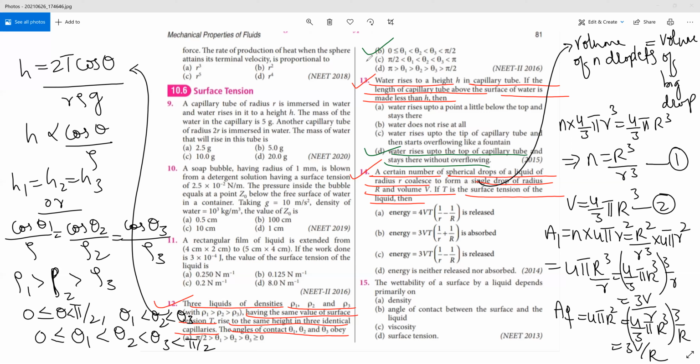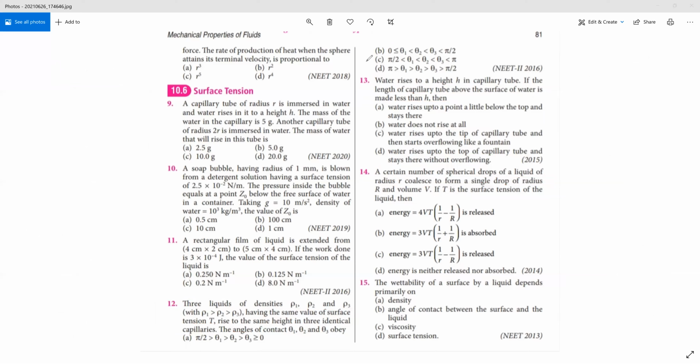And next, the decrease in surface area is given by delta A is equal to A_I minus A_F.